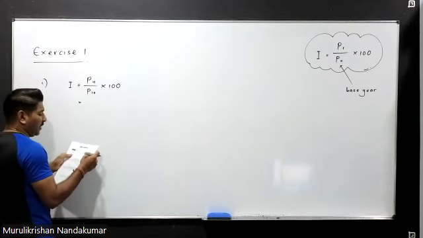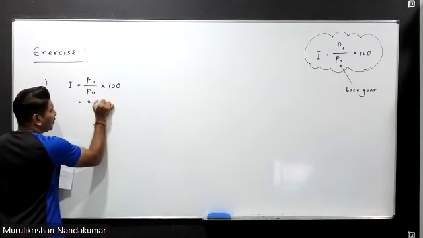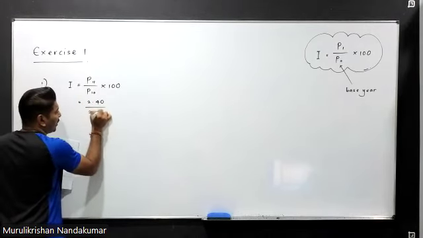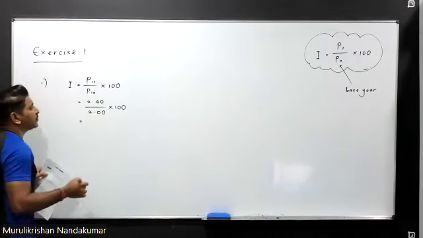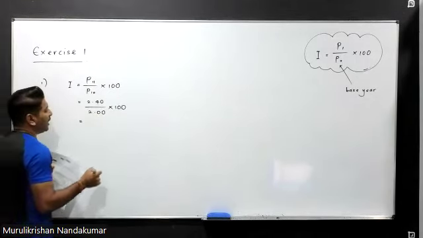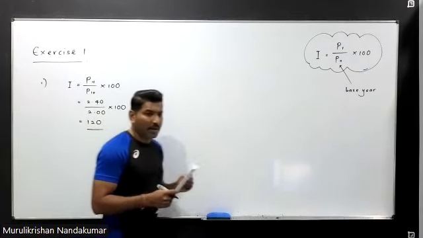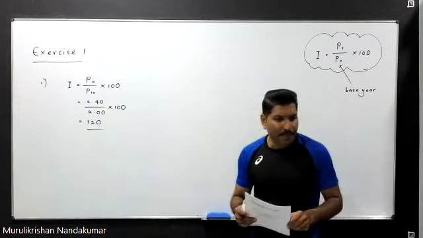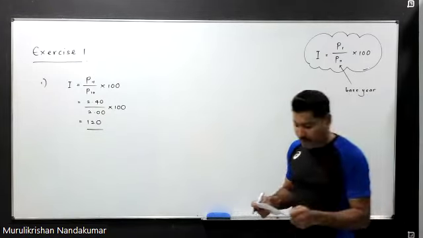So 2011 will be 240, divided by 2 ringgit, times 100. Guys, help me, berapa ni? 120. Okay, thank you. That's how, guys. This is your price index. This is your index number.